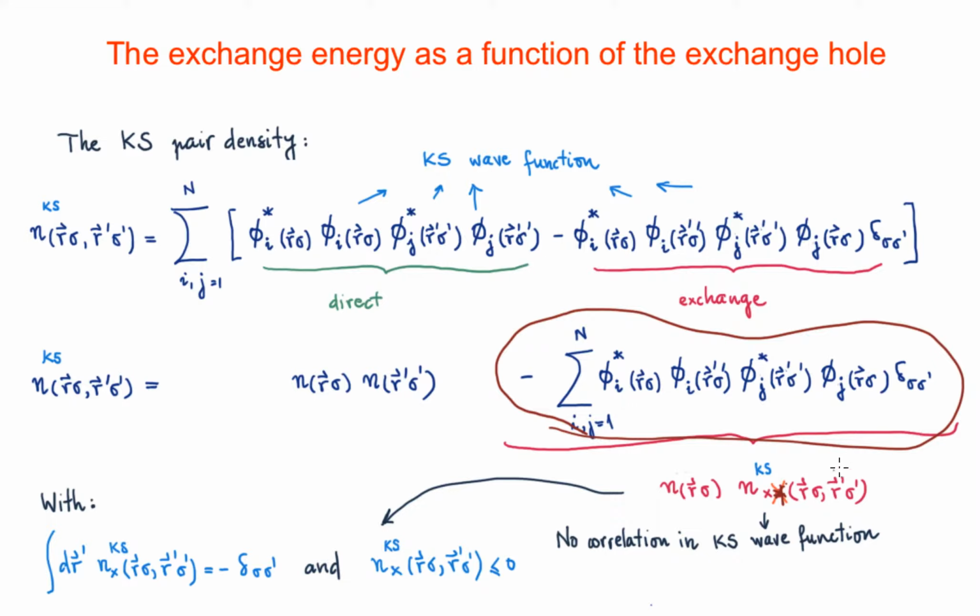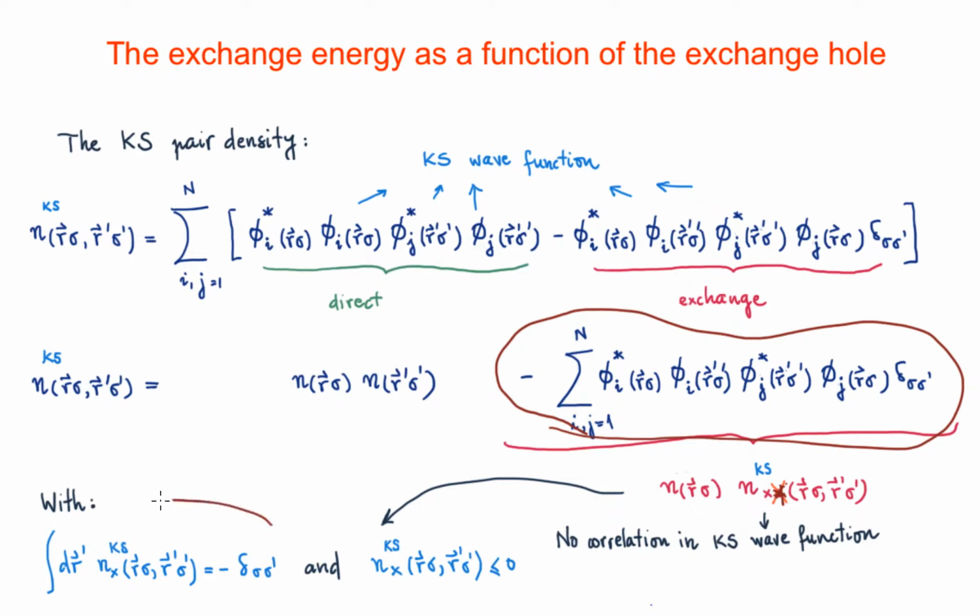And from here, we can easily derive the previous expression for the reduced exchange hole within the constant approximation, which is basically the spin sum of that expression. It's interesting to see also that the exchange hole within the constant approximation satisfies two very interesting constraints.